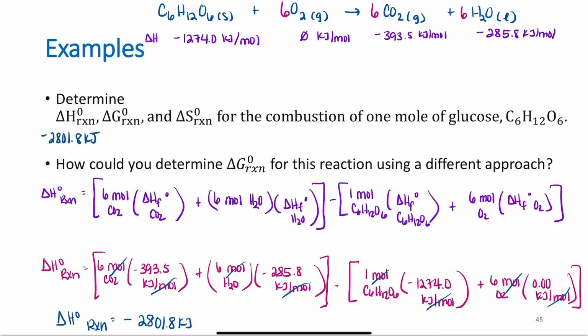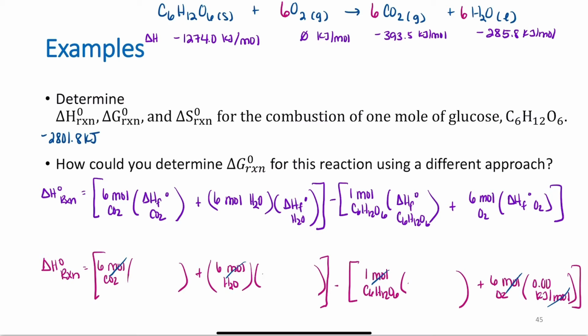But I can do the same exact thing with delta G and delta S. I can follow the same pattern. So pause this if you need to write all this down, because I need to erase all this. And I am going to cheat and erase parts.